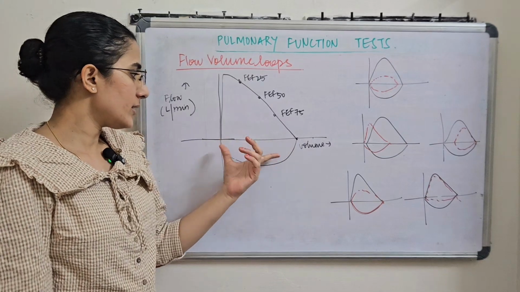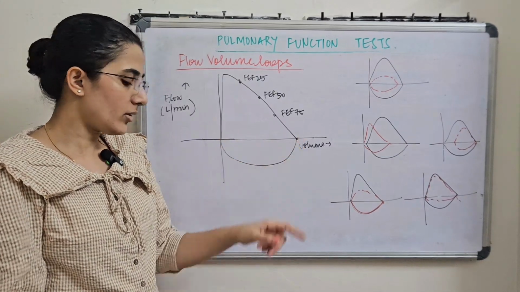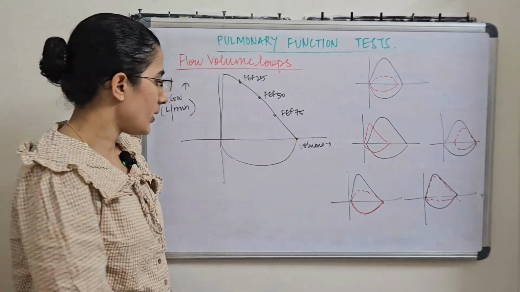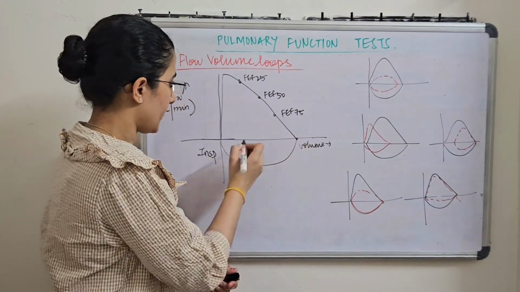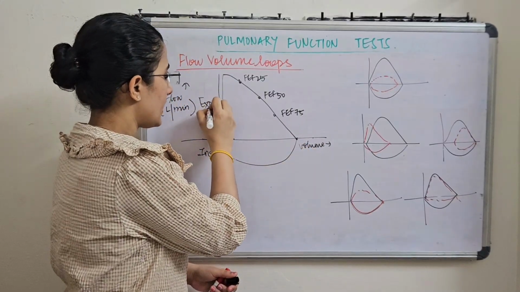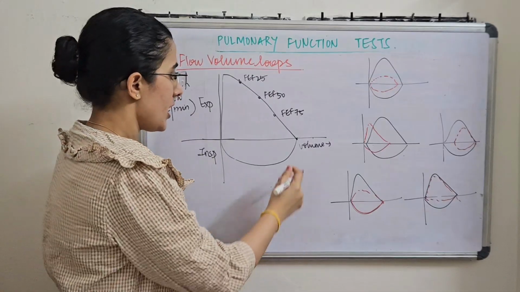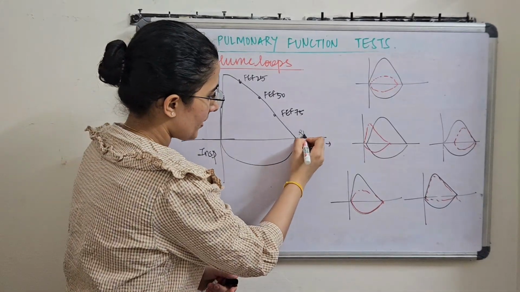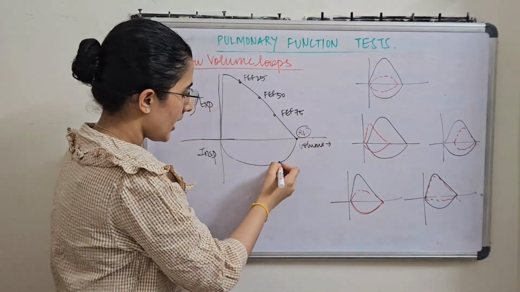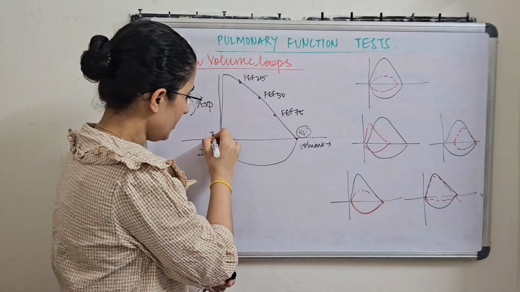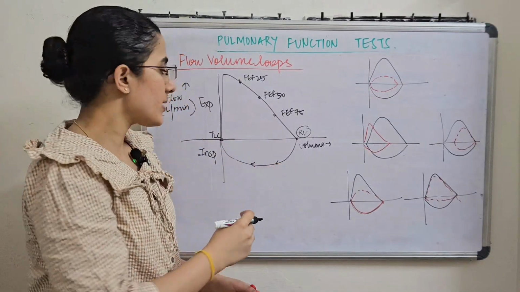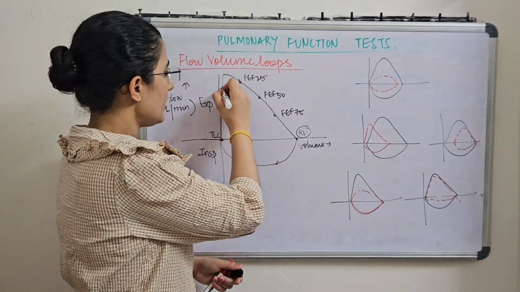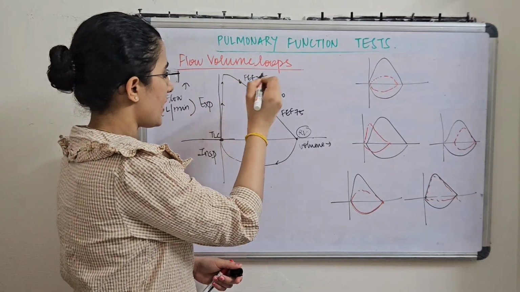The lower portion of this graph will be the inspiratory portion and the upper portion will be the expiratory portion. So the patient inspires from the residual volume till the total lung capacity. This will be the inspiratory phase and here will be the expiratory phase.